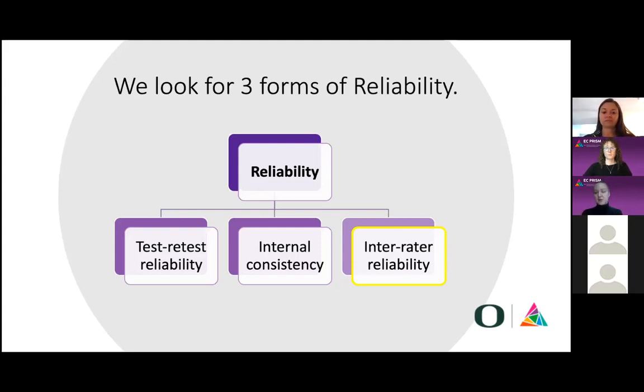Many measurement tools require a trained rater to fill out the assessment, and the results of the measurement should be the same regardless of who that rater is. So we look for all three of these and then combine the evidence for each of these subcategories into an overall reliability score.